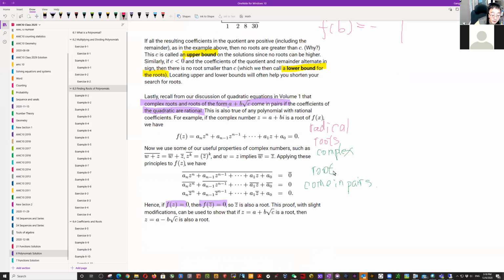And then another important result is that radical roots and complex roots come in pairs. These are the conjugates.